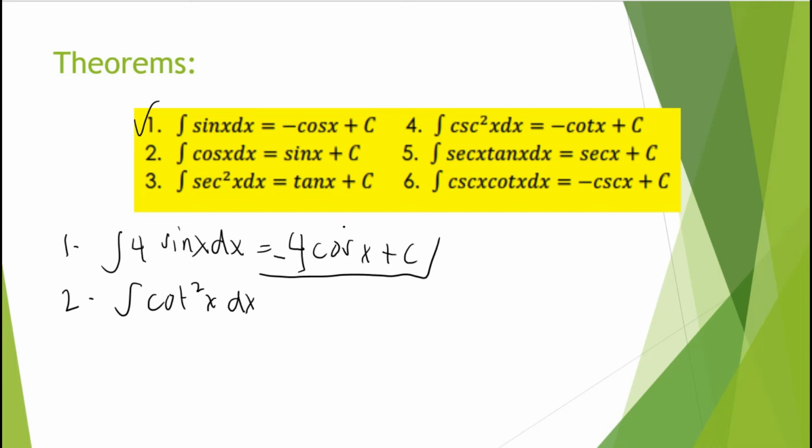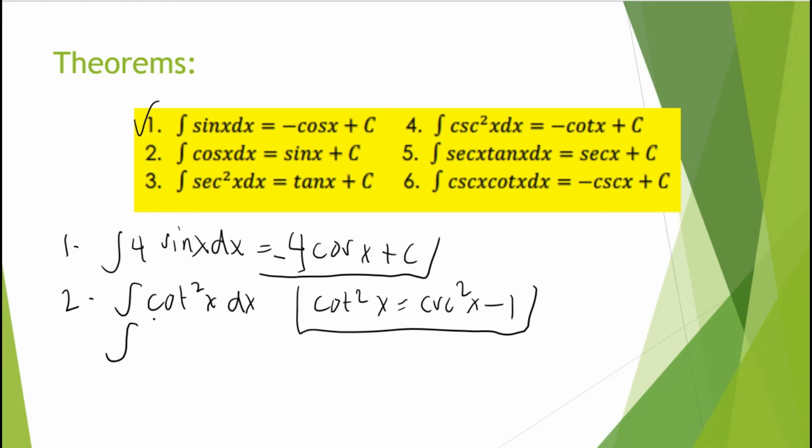Sabi nga natin, one of the Pythagorean identities is that cotangent squared x is equal to cosecant squared x minus 1. Napag-aralan natin to sa pre-calculus. So ngayon, pwede natin ma-rewrite yan. So the integral of cotangent squared x dx is also the integral of cosecant squared x minus 1.